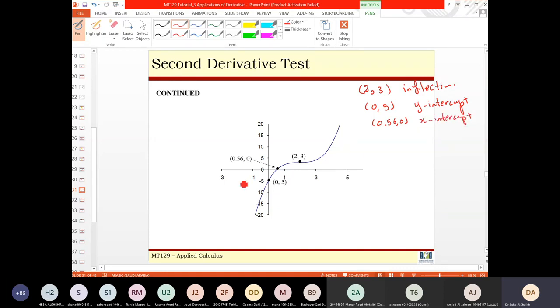I have 3 points now. I just join the points and I get my function. You can see the function is increasing all the time, right? The function is up all the time. And you can see before the 2, 3, it is concave down, and after the 2, 3, it is concave up. So this is how we estimate the graph of the function that we have here.